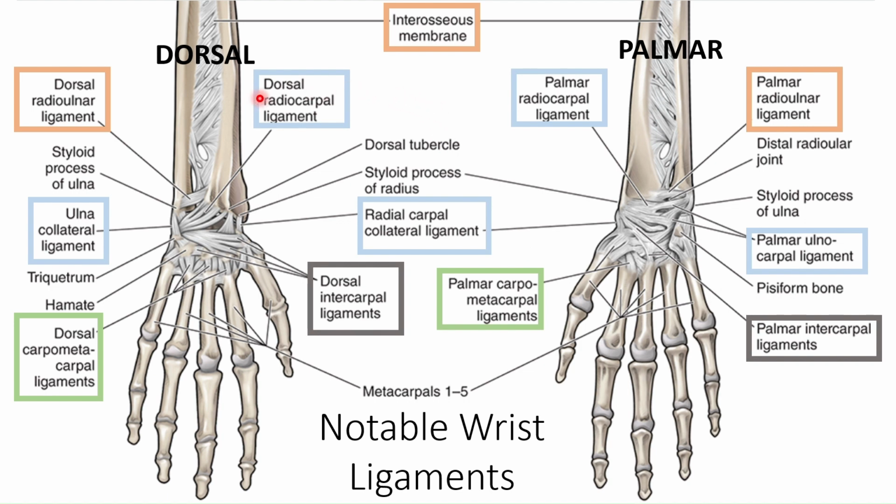Those that connect the forearm bones to one another, such as the interosseous membrane, the dorsal and palmar radio-ulnar ligaments, those that connect the forearm bones to the carpal bones, including the dorsal and the palmar radiocarpal ligaments, palmar ulnocarpal ligaments, and radial and ulnar collateral ligaments, which are visualized here.